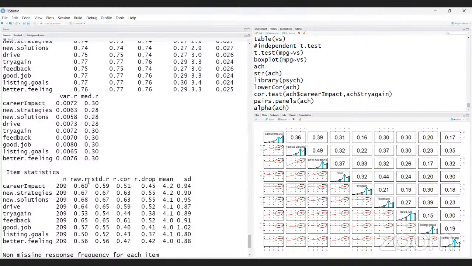R means correlation coefficient. And based upon this raw r, we can assume which variables are more important for the particular construct.